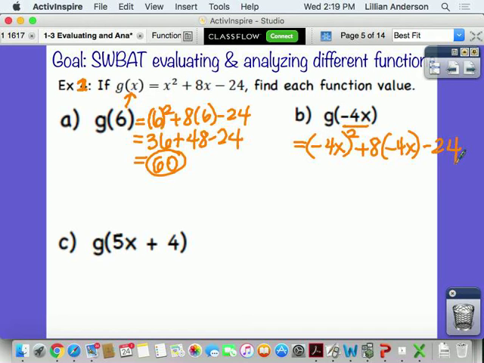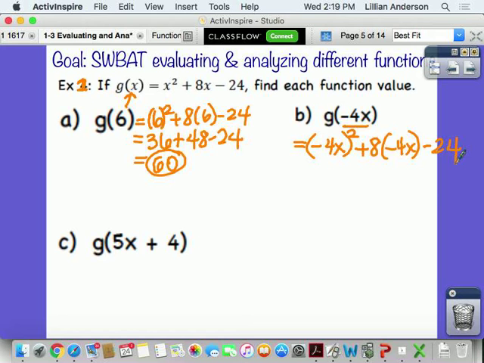And you want to be very careful, especially when you're plugging in expressions like a negative 4x, because that very first thing is you're going to square it. What do you get when you square a negative 4? You get a positive 16. Now let's just say you didn't put the parentheses in and you just put the square. You might forget automatically to even square the 4, let alone a negative 4.